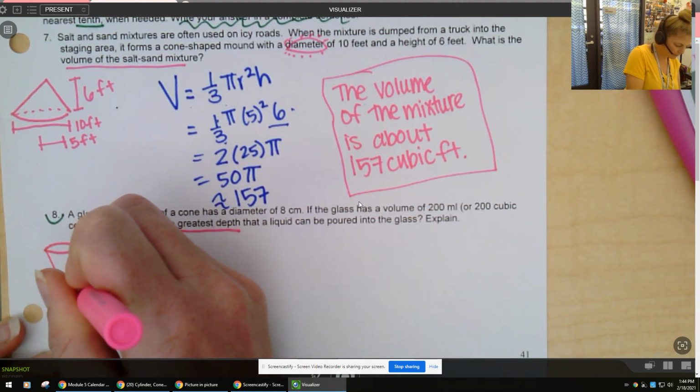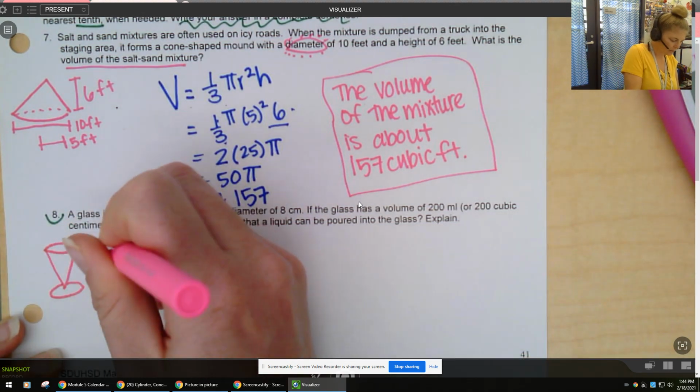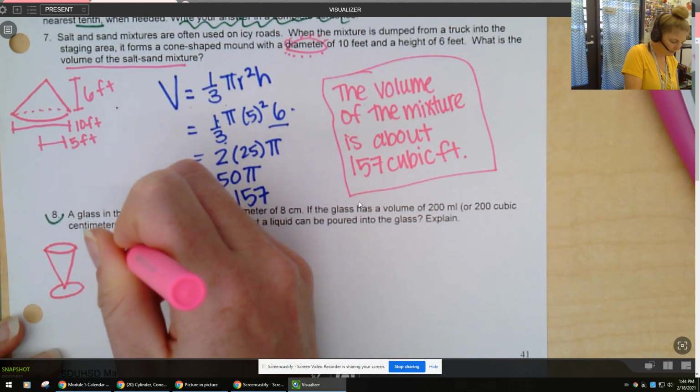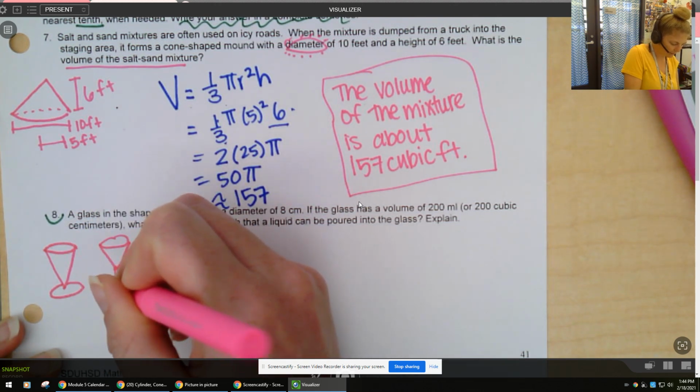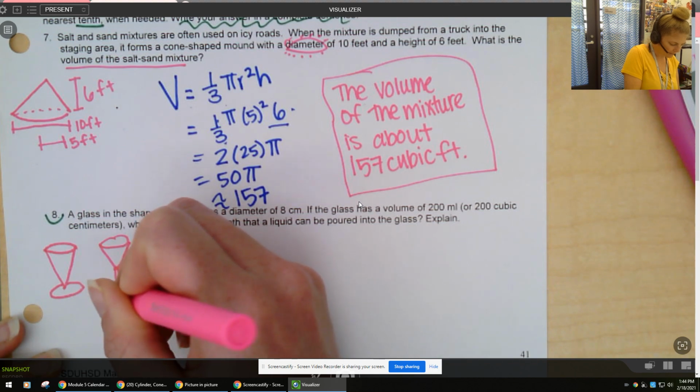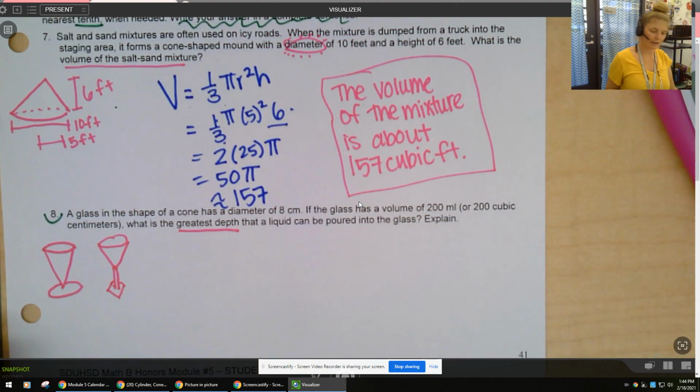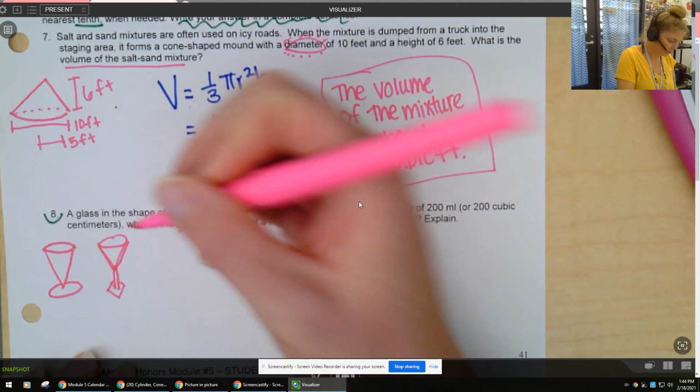Well, maybe it has like this little bottom thing like this, or maybe it's like this, and then it has a stem, then it has a little bottom thing. But anyways, it's a glass shaped like a cone. Maybe it's the inside of a mug and it's super insulated, right? So your cold stuff stays cold and your hot stuff stays hot. But anyways, the liquid inside is shaped like a cone.